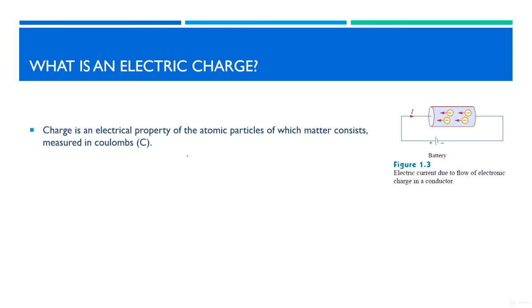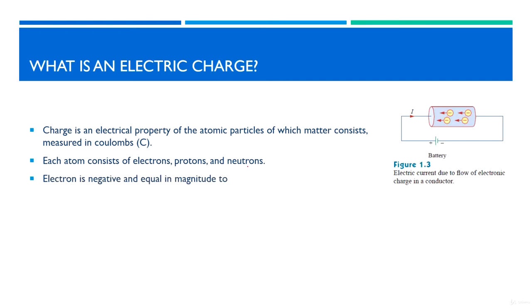So all of this, the electrons, the protons, the neutrons, are called a charge, something having a positive or negative value, and these charges are forming our atoms. So each atom consists of electrons, protons, and neutrons.